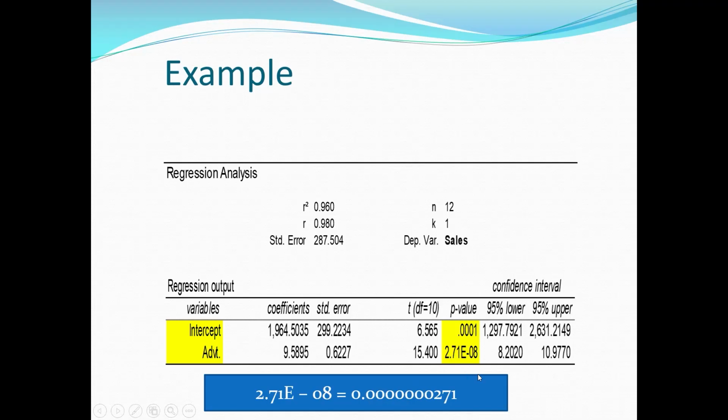So it's a long number, and the software is using a short form to write this. So the p-value is actually 0.0000000271, which means the p-value is less than 0.05. Therefore, we say this beta value is applicable to the population. It is significant. I hope you have understood. Okay, let us move on.